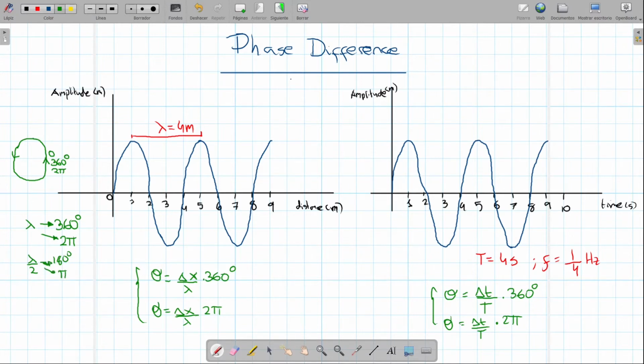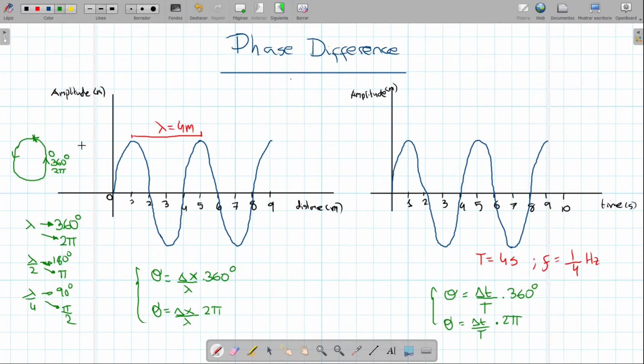And if we do a quarter of a wavelength here, that's 90 degrees or pi halves. So what we're basically doing is considering that a complete oscillation is 360, and following that reasoning, half an oscillation is pi or 180, a quarter is pi halves, etc.